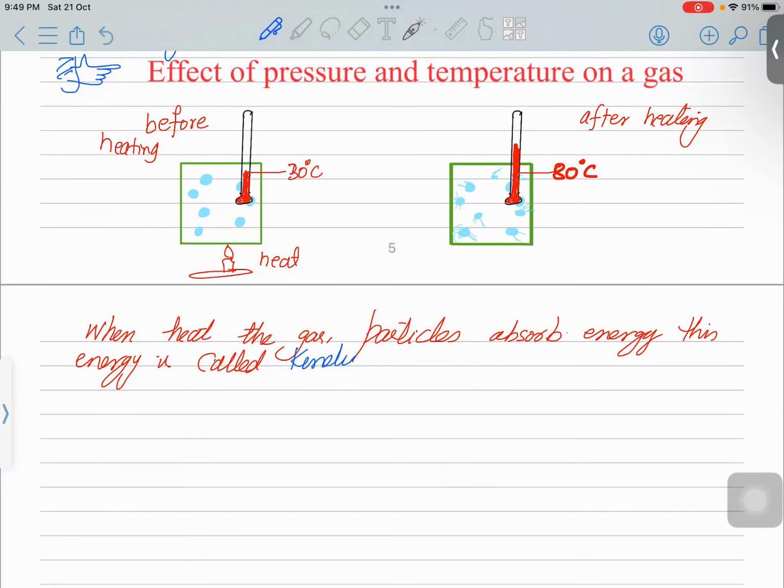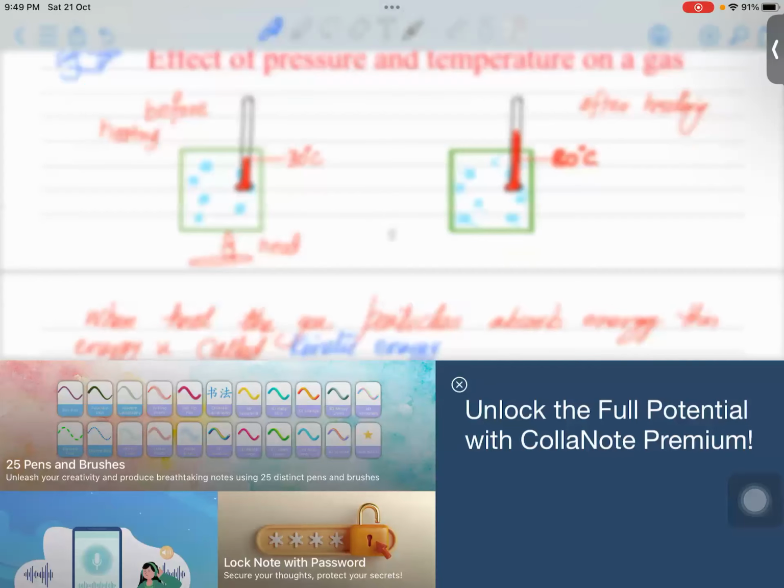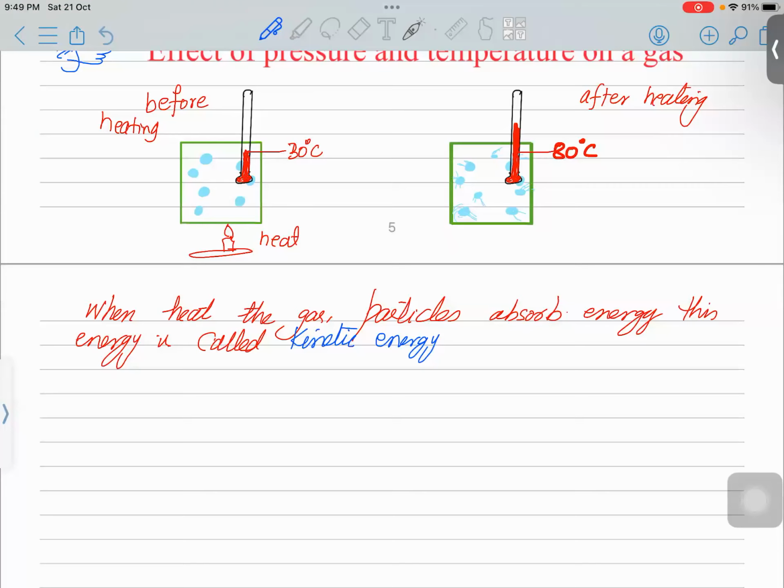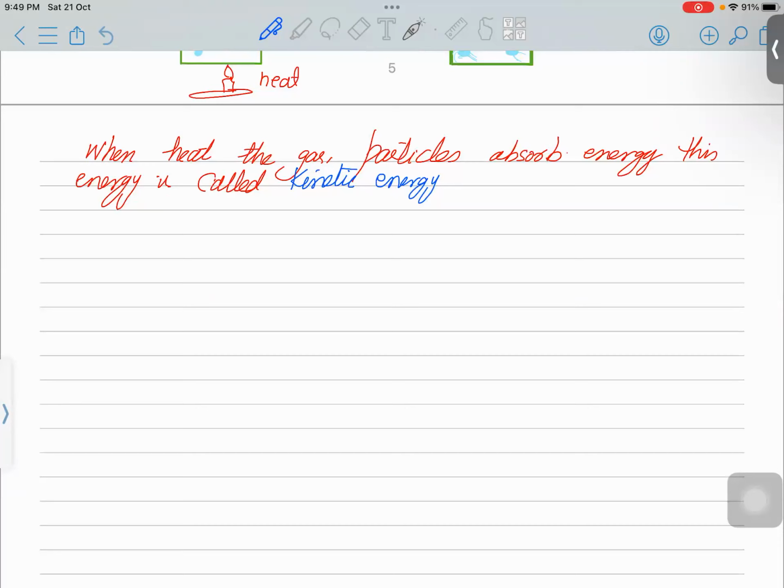Kinetic means moving. So whenever an object moves, the energy is called kinetic energy. So when we heat the gas particles, particles absorb energy. This energy is called kinetic energy. First point.